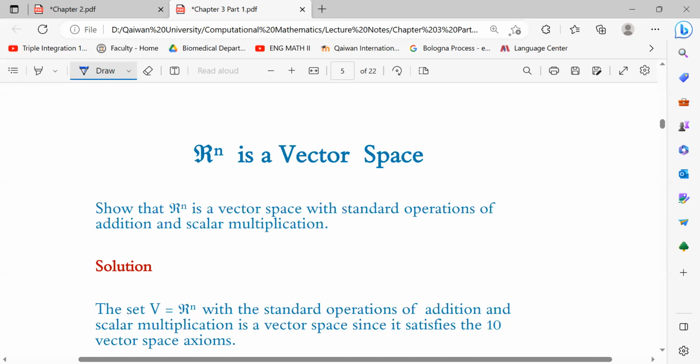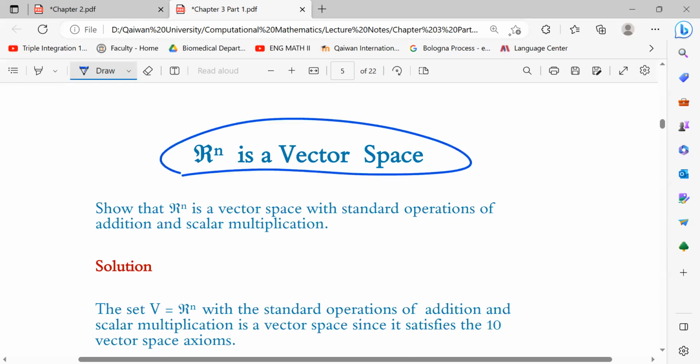Look, the elements in Rn are in this form: x1, x2, x3, up to xn. That's the elements of Rn. It's all of these n-tuples. Here x1, x2, x3, up to xn are real numbers.